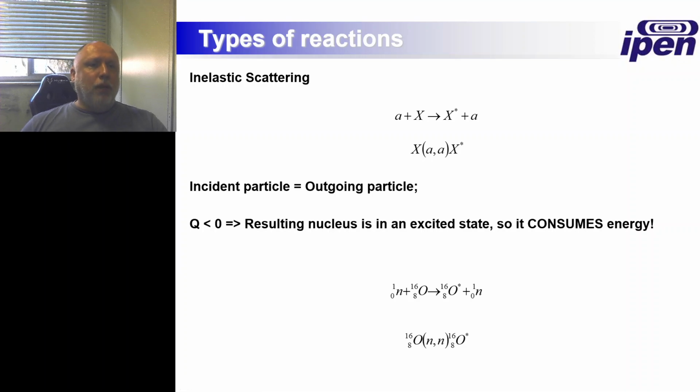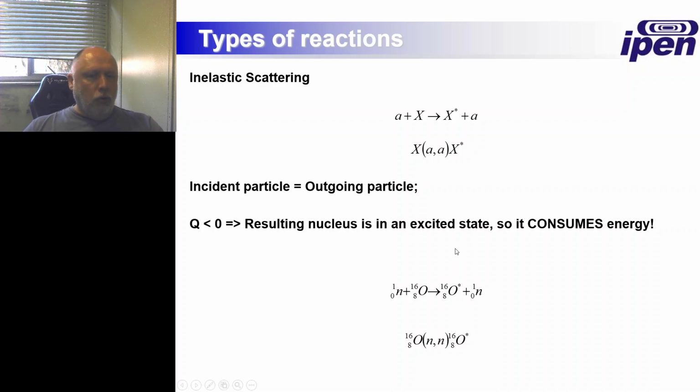As the nucleus will be excited, it will absorb part of the energy. It's required, because if you want to excite this nucleus, you have to give it energy, so this is an endothermic reaction. It consumes energy. Some of the kinetic energy of the particle will go to excitation energy of the nucleus.